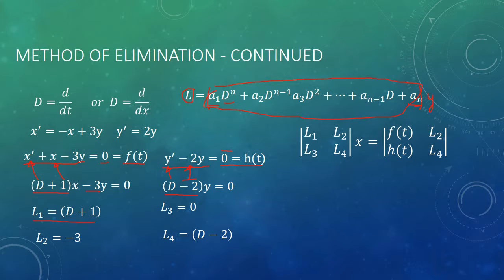So you see, what I've done here is I've taken our functions here, and since I'm trying to solve for x first, those functions go in the first column, where L1 and L3 are the operators that operate on the x variables, and L2 and L4 are the operators that operate on our y variables. So this allows me to create my solution for my system of differential equations, to solve for the x solution first, x of t.